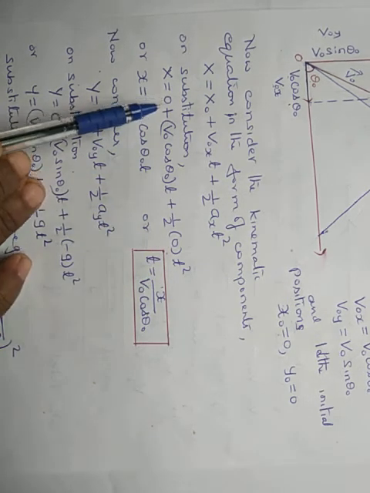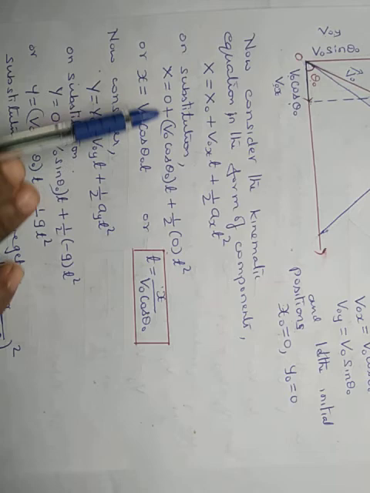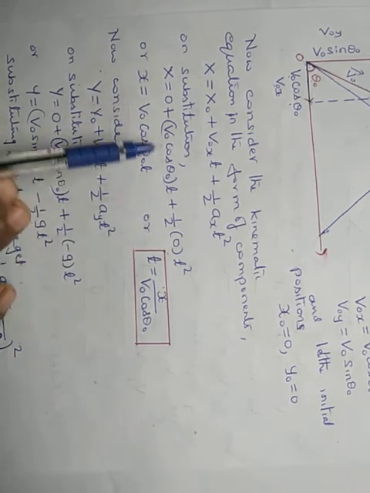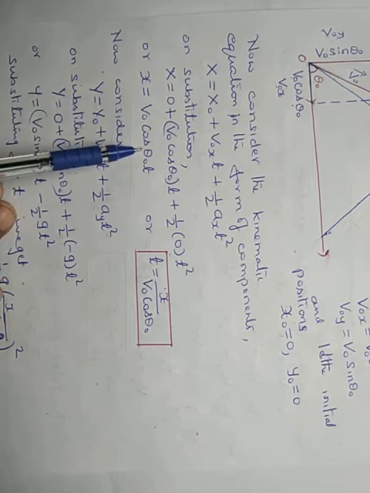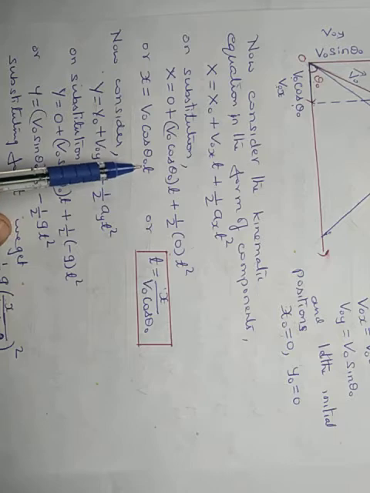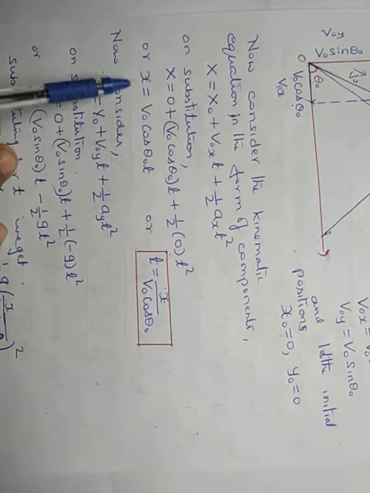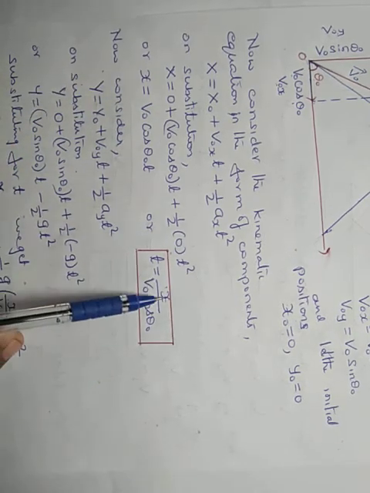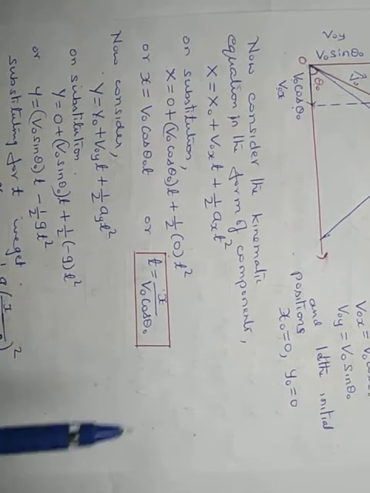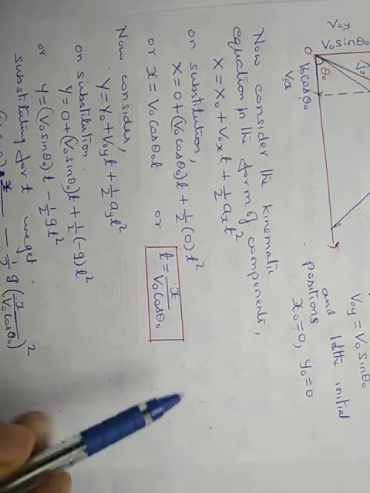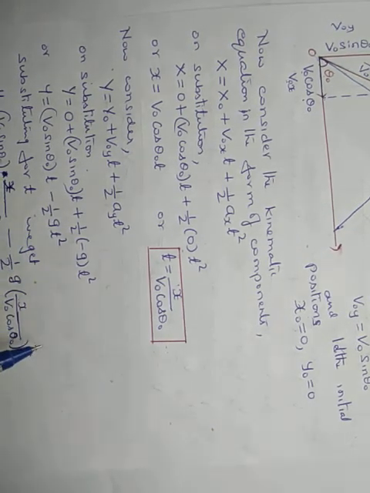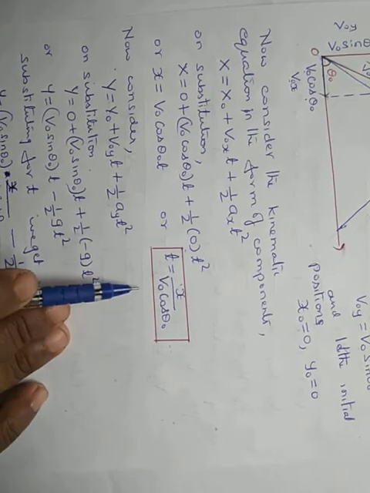So these terms become 0, and you get x equal to V naught cos theta naught t, or t equal to x by V naught cos theta naught. This is the equation we require for further derivation. Block it.